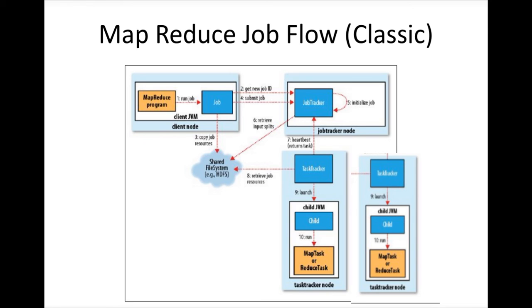And where this JVM will be executed, especially for map tasks, those JVMs will typically be on the same hosts where the blocks related to that input data are. So that is called data locality. Okay.